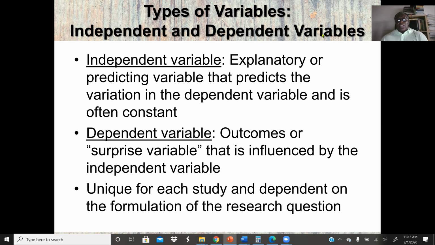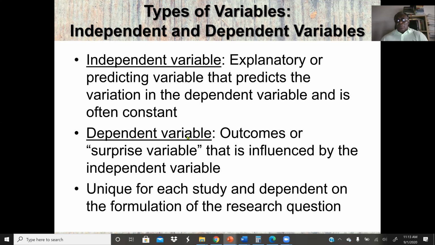In statistics, we also use the term explanatory variable, which is the independent variable, or predicting variable. The independent variable is the explanatory or predicting variable that will predict the variation in the dependent variable, and it is often constant. It's an input; we don't change it.